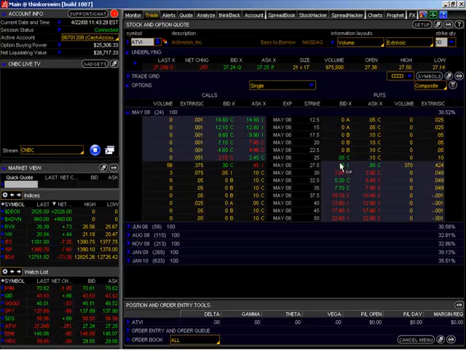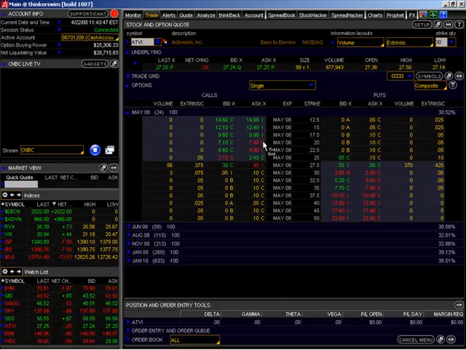Now the prices of the options, these are called in-the-money options. The in-the-money options have some component of what they call extrinsic value and some component of intrinsic value. And the way you can determine intrinsic and extrinsic value is simply by taking the strike price of the option.